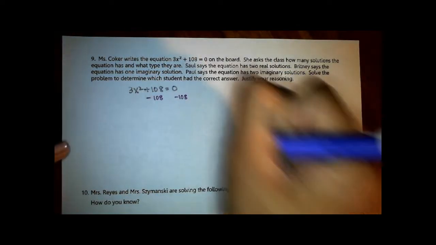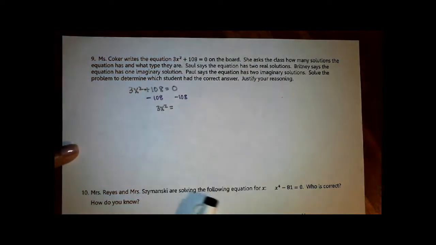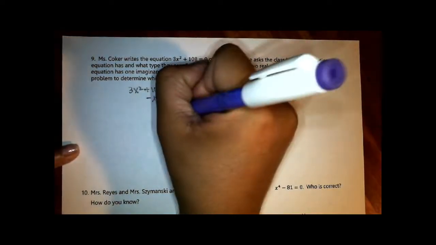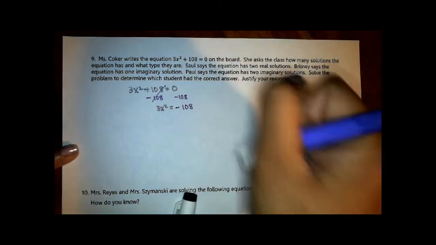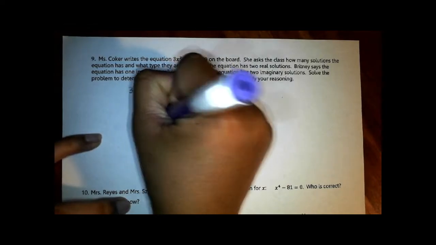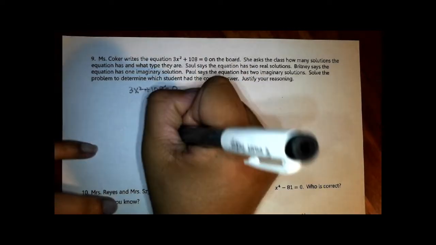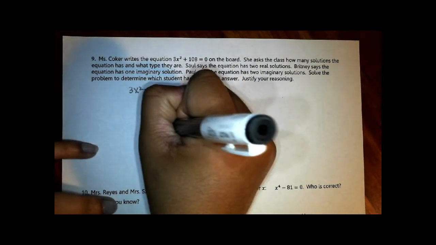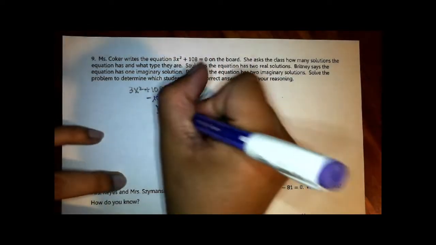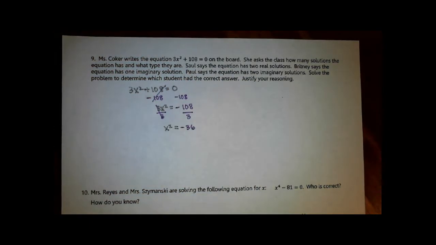Subtract 108 from both sides, and we're left with 3x squared equals, these cancel out, and then negative 108. Then, in order to really get that x squared alone, we're going to divide by 3. So then we're left with x squared equals negative 36. Remember, you can always use a calculator or do long division if you're having trouble with that.